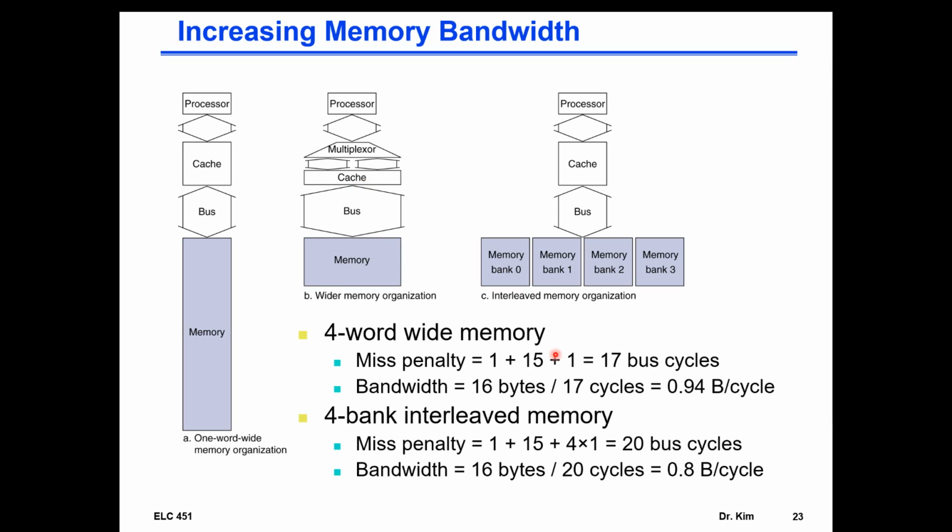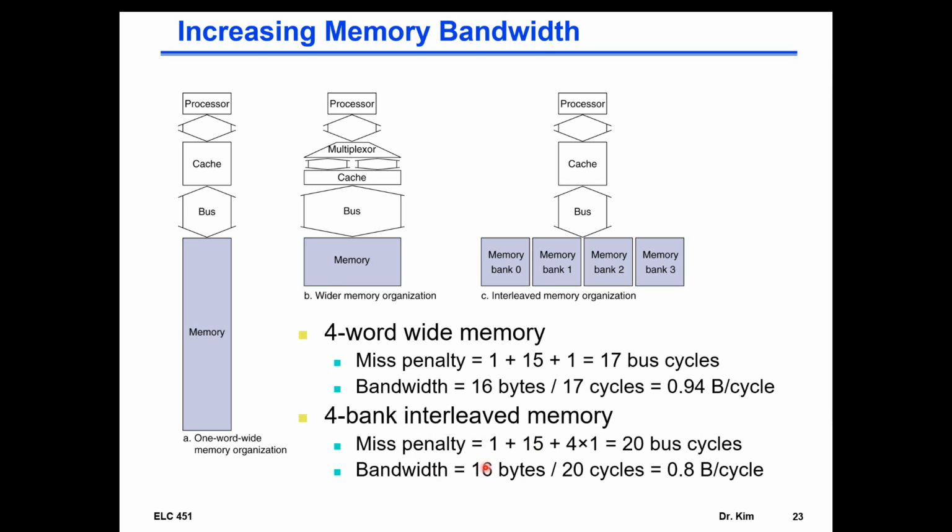So it's going to take me 17 bus cycles to transfer 16 bytes. So the bandwidth is 16 divided by 17 cycles, or 0.94 bytes per cycle. That would be the miss penalty.